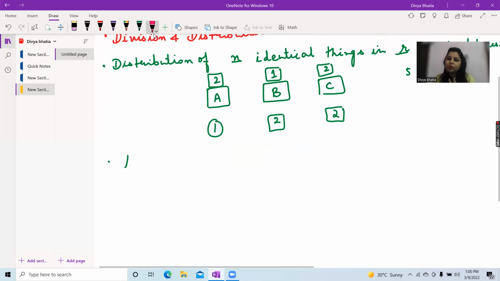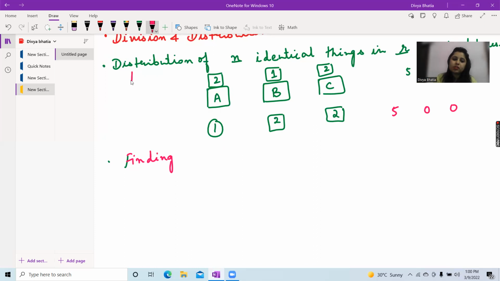This problem of putting n identical things in r distinct boxes is the same as finding, and yes, empty boxes are also allowed in this case. That means even 5, 0, 0 can be a solution. So this is the particular case where empty boxes are allowed. We'll also do the case when empty boxes are not allowed. So in this case, let's say empty boxes are allowed.